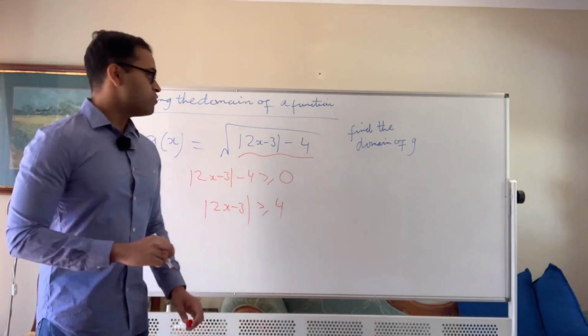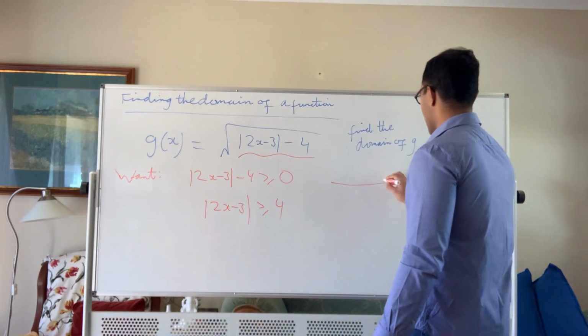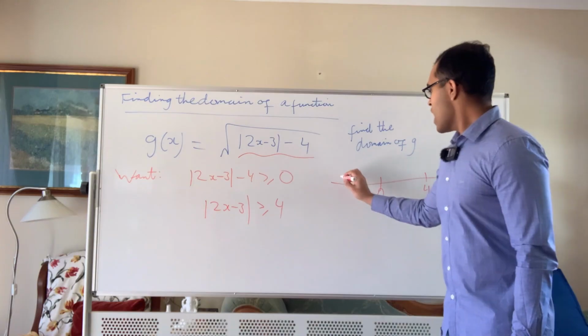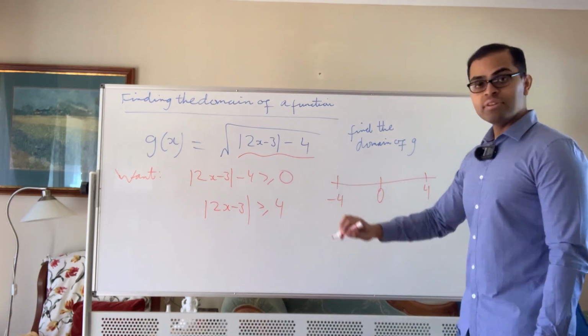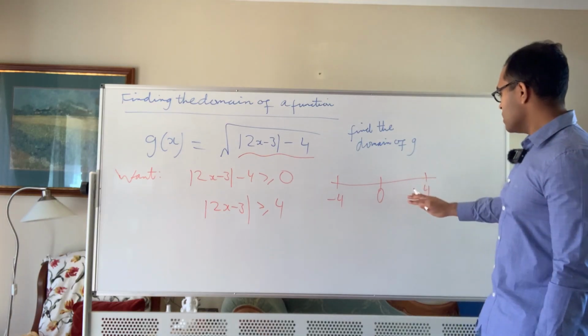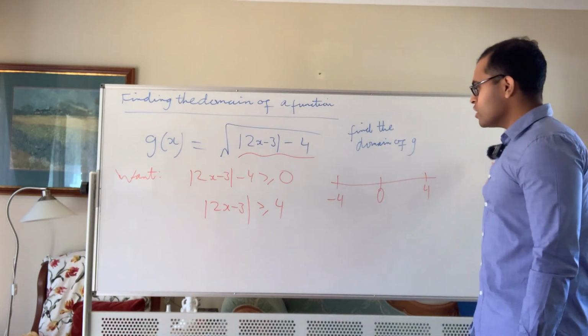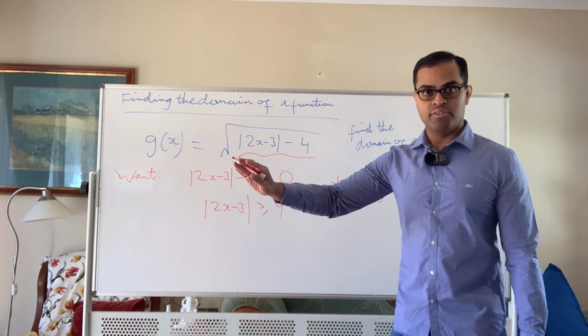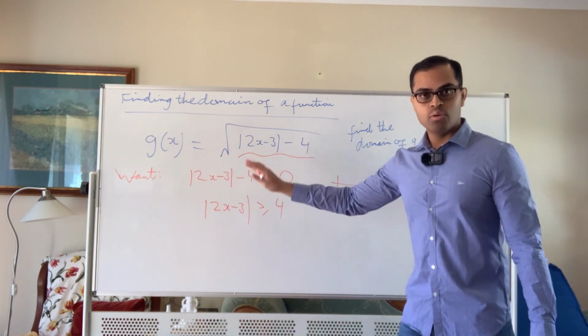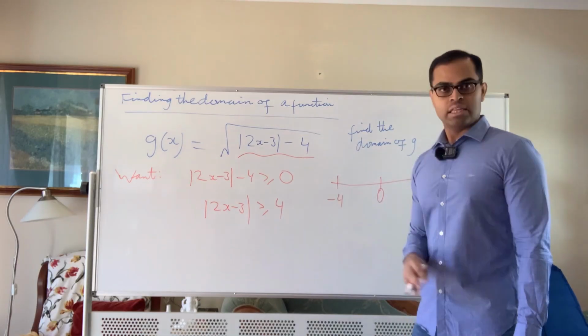You've got 4 on the right of 0, and negative 4 on the left of 0, and 2x minus 3 is either going to be beyond 4 to the right or beyond minus 4 to the left. So its distance, which is its absolute value, is at least 4.